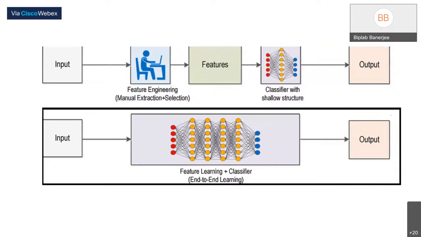But in a deep learning model, as you can see here, the feature extraction and the classifier are integrated with each other, and that is what we call end-to-end learning. For this purpose, the feature extraction is directly governed by the classification task, and accordingly it can extract important and relevant features from the data.